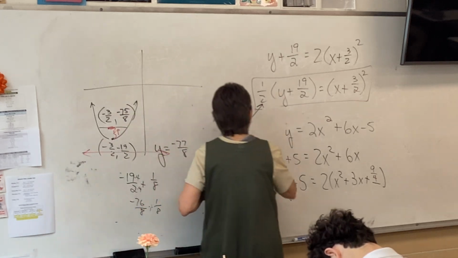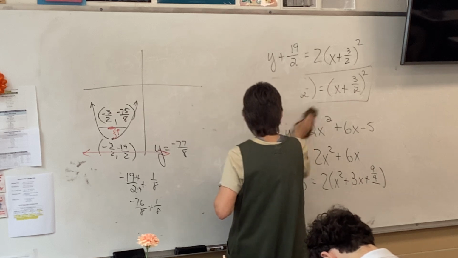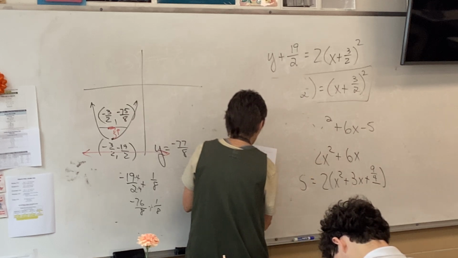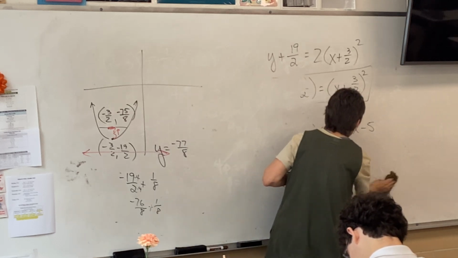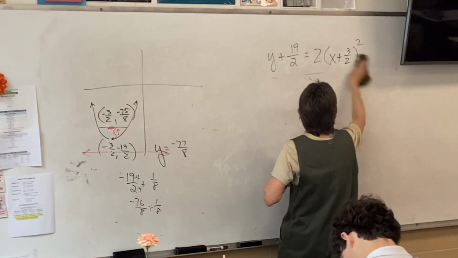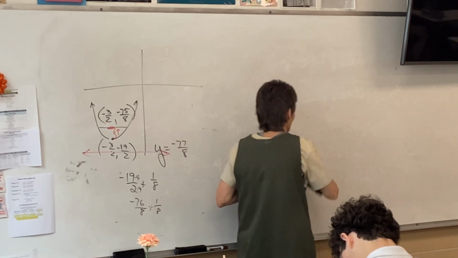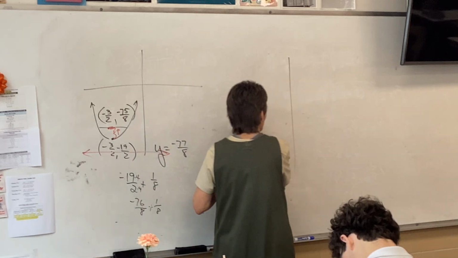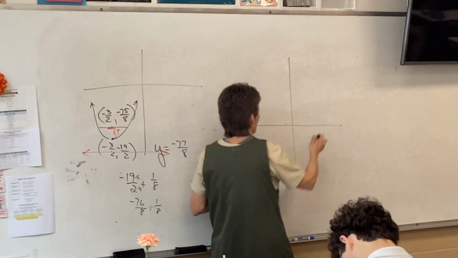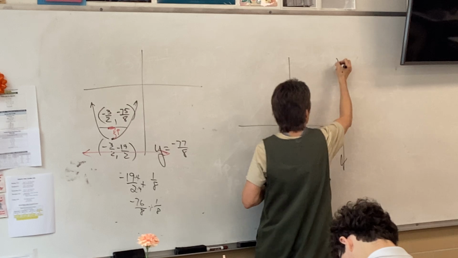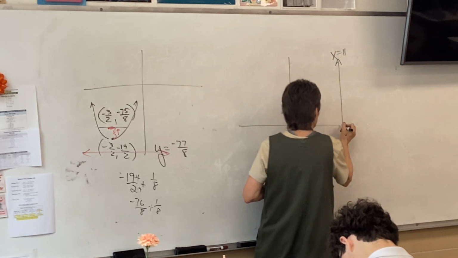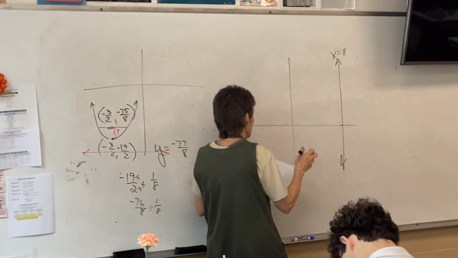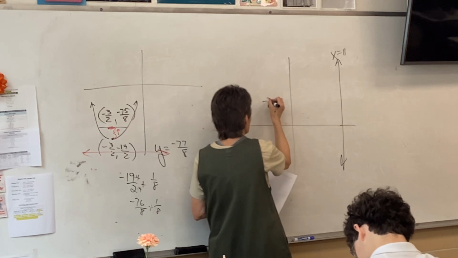Backwards. You know the focus and you know the directrix. Now you're going to write the equation of the parabola. I'm going to look at what I got. x equals 11. That's my directrix. And negative 3, 4.